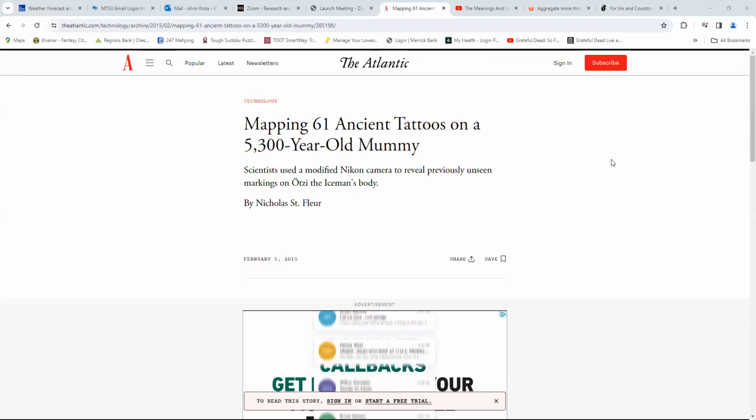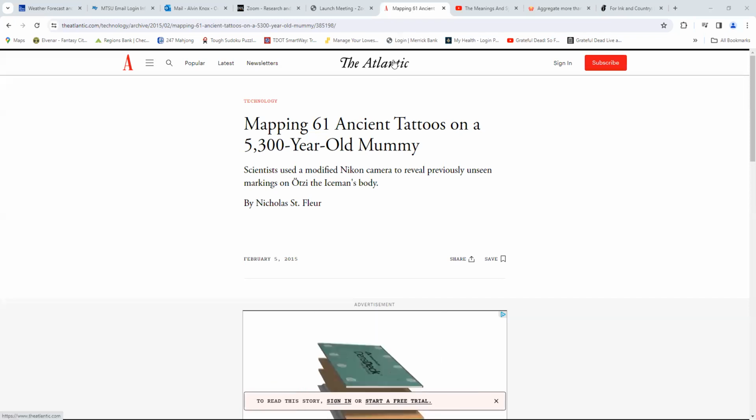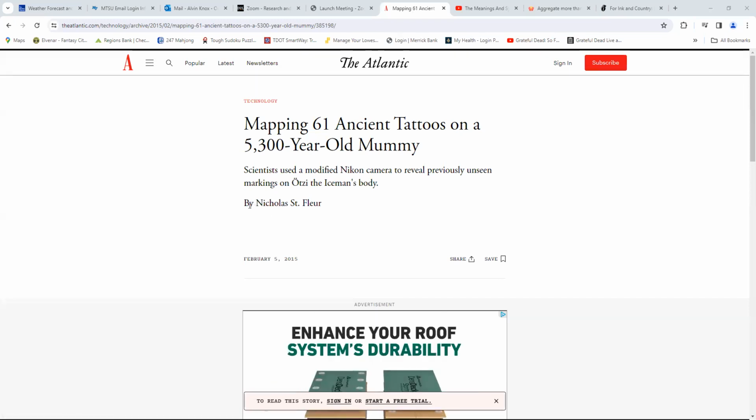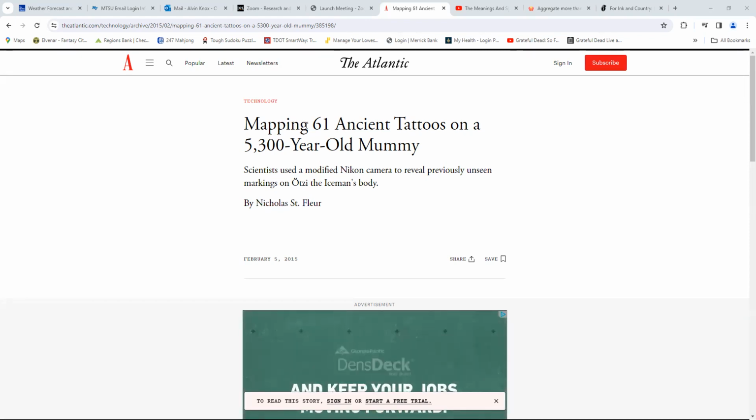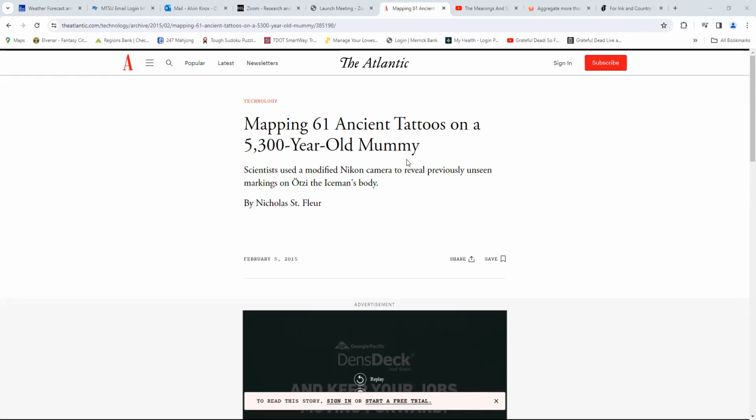So this is an article from the Atlantic by Nicholas St. Lafleur, right? This is the article title, Mapping 61 Ancient Tattoos on a 5,300-year-old Mummy, Otzi the Iceman, right? And I actually have a few articles I'm using today about old Otzi.